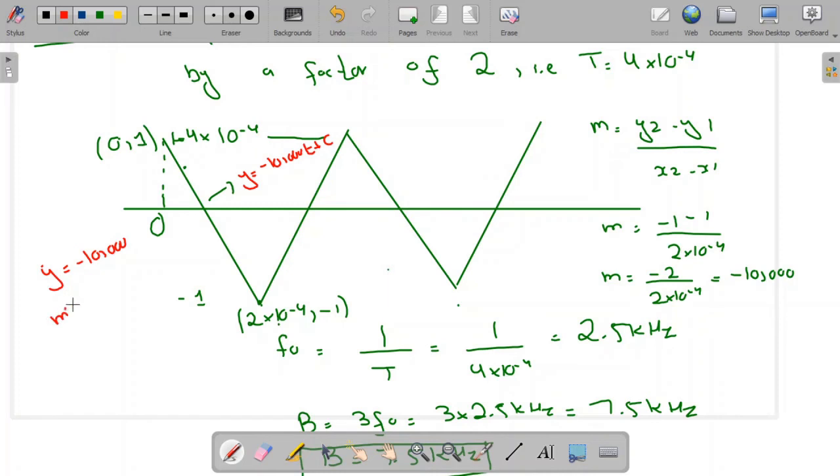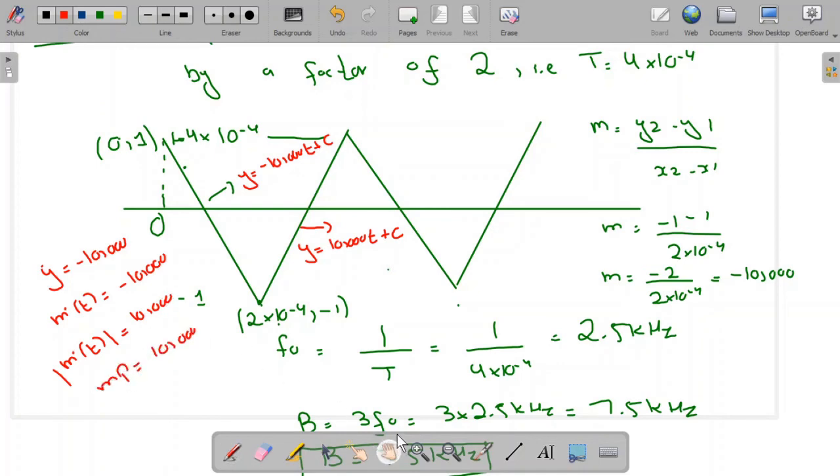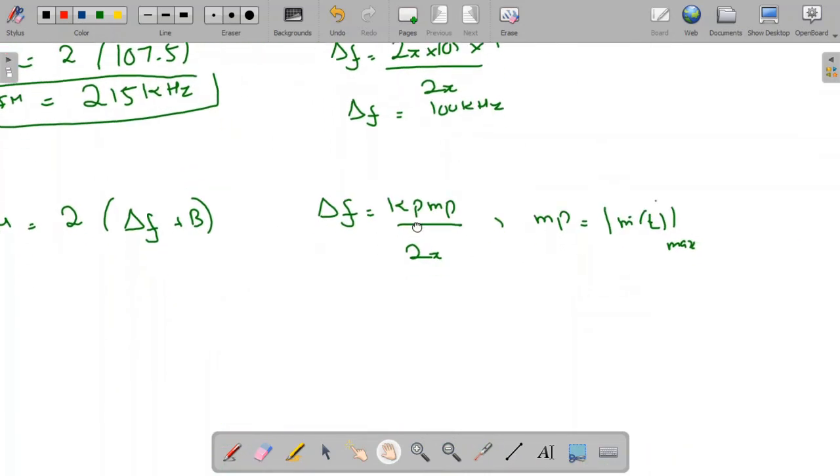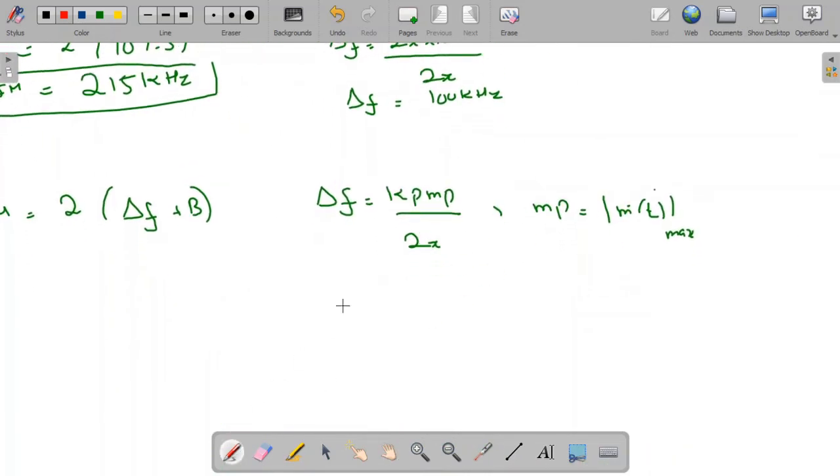So this is the minimum value of the derivative of the message signal, and the maximum value will be, because the equation of the rising line will be y equal to 10,000 t plus c, equal to 10,000. So that's why Mp is going to be equal to 10,000.